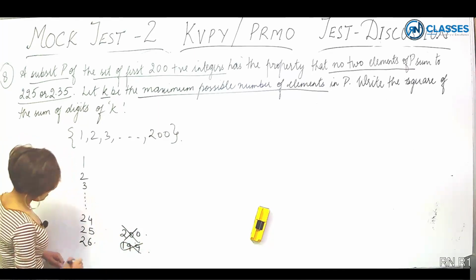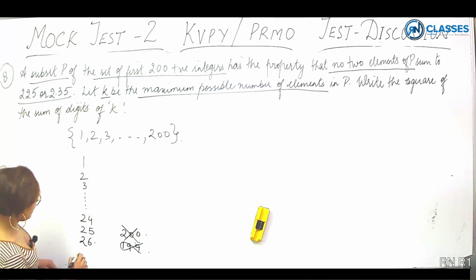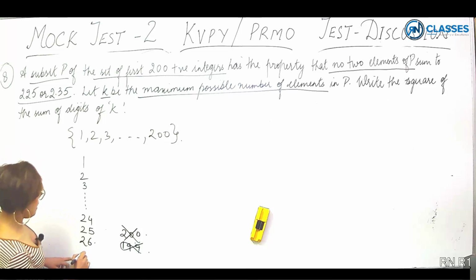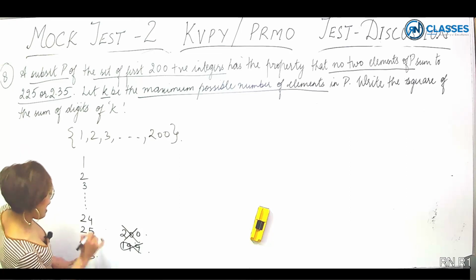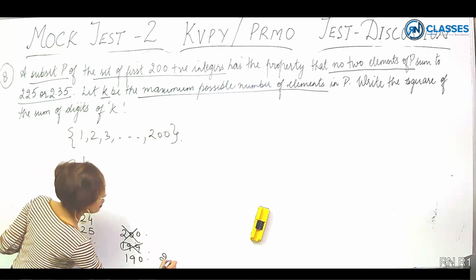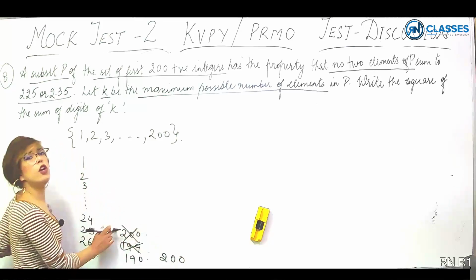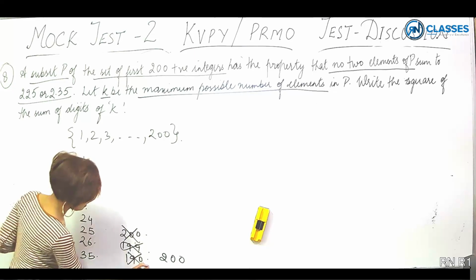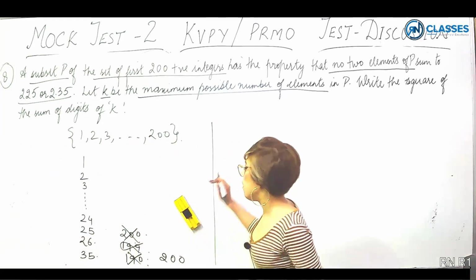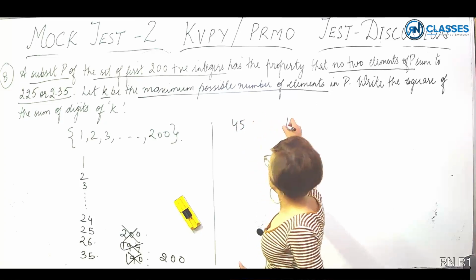Now, if I take 35, I cannot take 190. Also, I cannot take 200, but that I have already not taken here. So that's absolutely fine. Let's move further. Now, if I take 45, I cannot take 180.